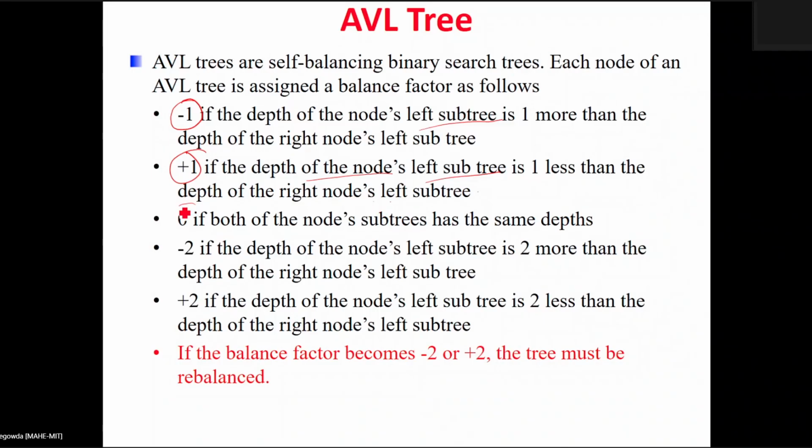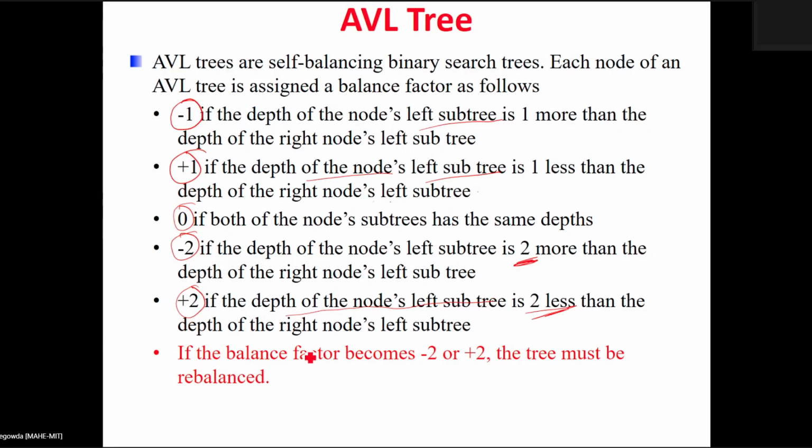And it is 0 where the height of the left subtree and right subtree is the same. And -2 if the depth of the left subtree is 2 more than the depth of the right subtree, and similarly +2 if the depth of the left subtree is 2 less than the depth of the right subtree.